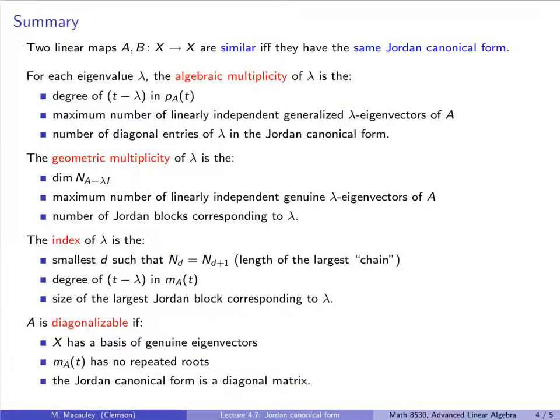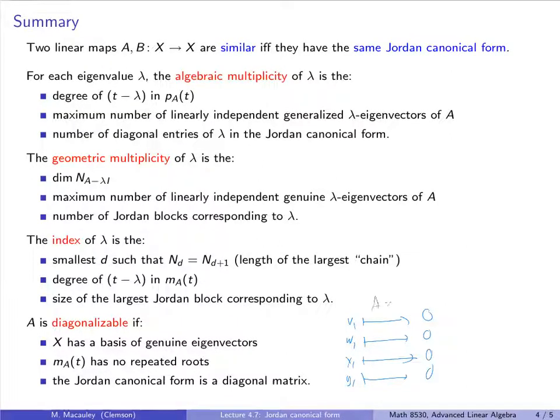Finally, A is diagonalizable if, by definition, it has a basis of genuine eigenvectors, or X has a basis. So remember, in terms of our chain diagram, let's suppose it's 4 by 4. That means that the basis for the entire space consists of eigenvectors that get mapped to 0.